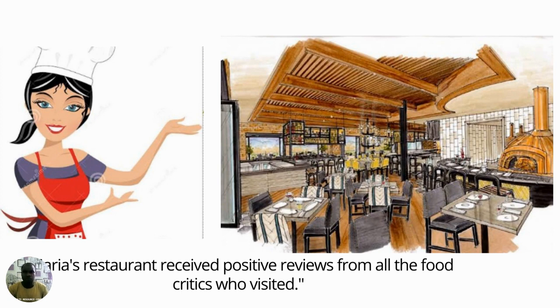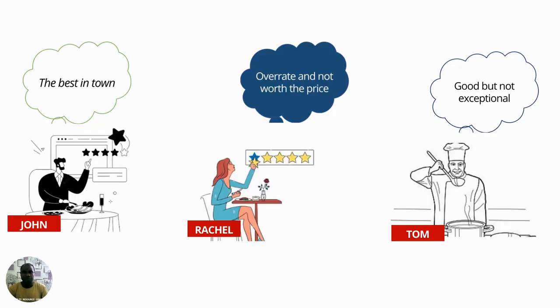So using the true, false, not given question type, we can evaluate the accuracy of this statement based on the information provided in the story. Right now, the answer to this statement is false.